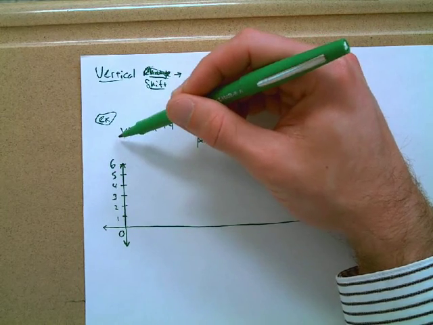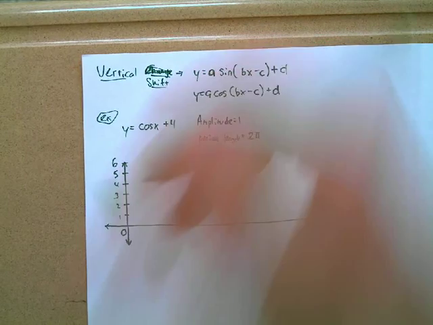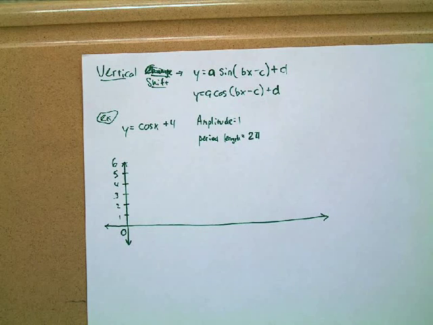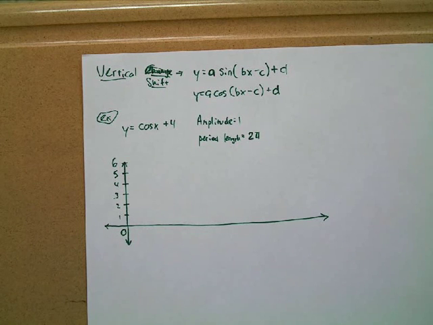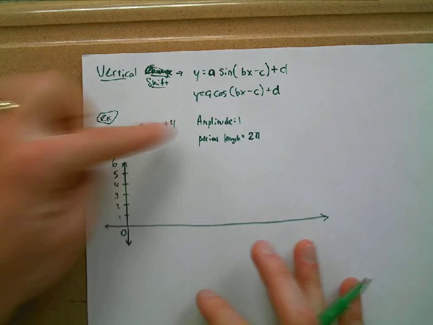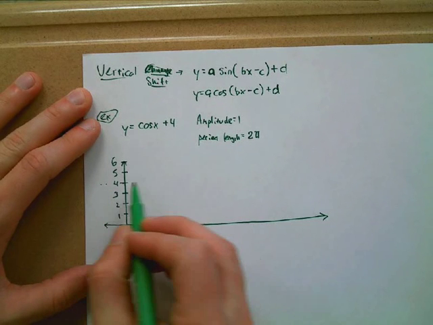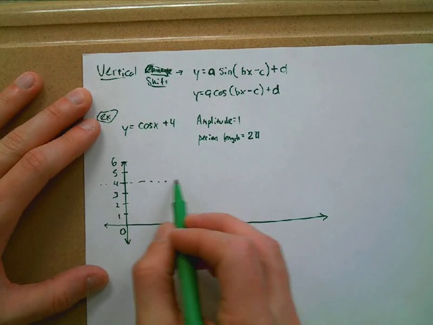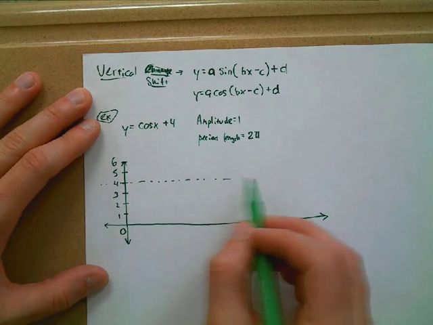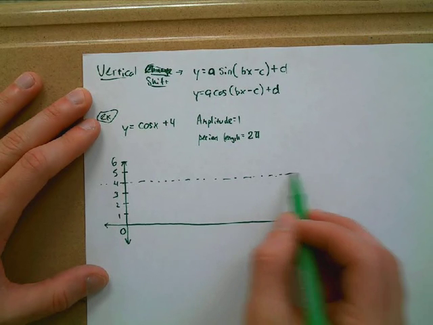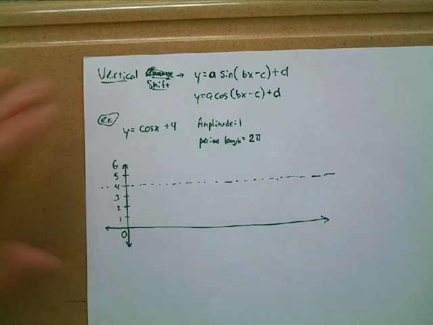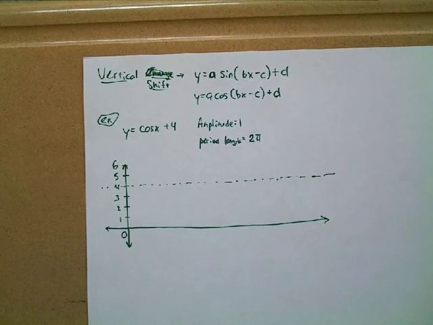What I like to do is draw in a dotted line here, just for my own visual benefit, so I know where the new 0 is. It's the shift up there. So this is the new x-axis for me. I'm still going to label my coordinates along the x-axis down here, so 2 pi, 4 pi, and then pi over 2.